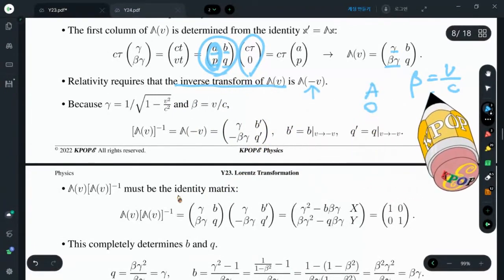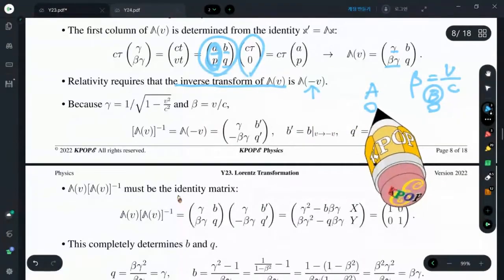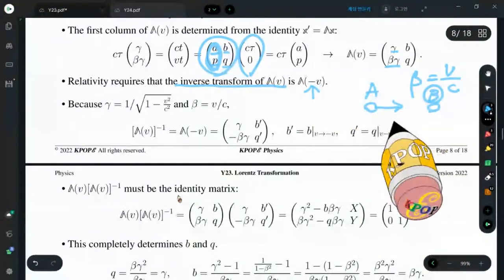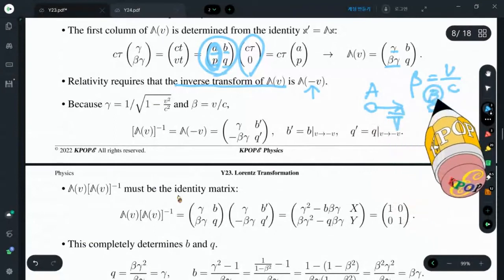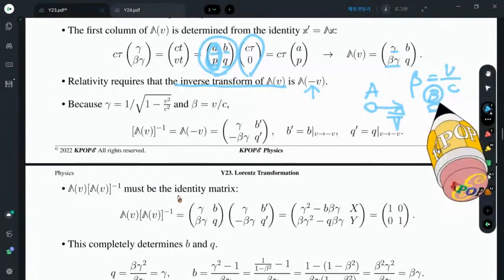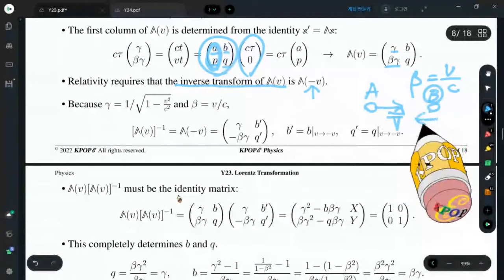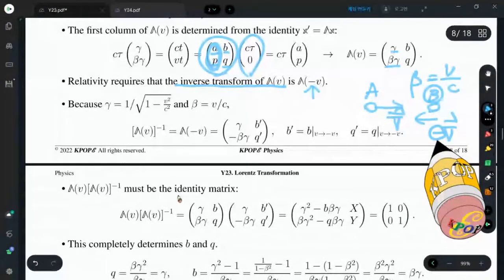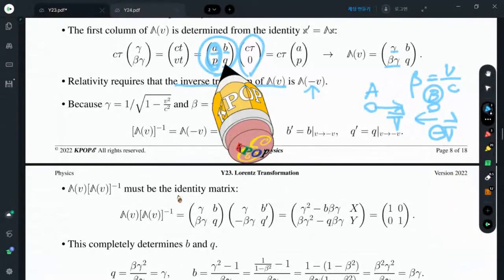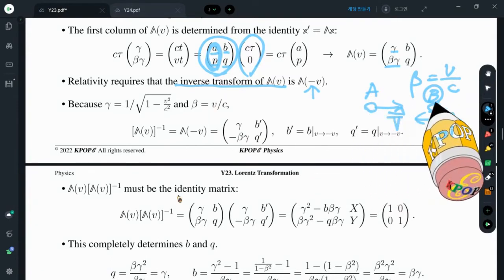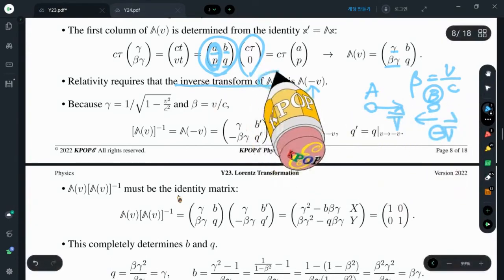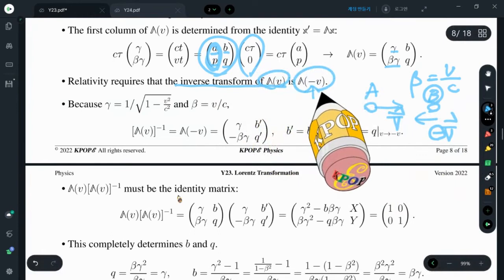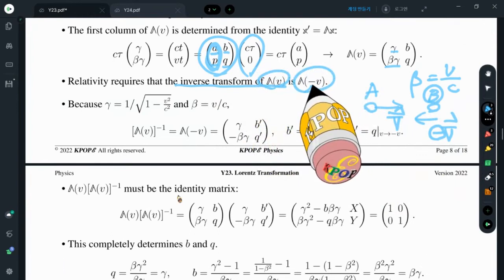Two objects A and B are moving relative to each other. If the relative velocity of A is v, then the relative velocity of B measured by A is the same as v except for the sign difference. Therefore, the matrices for the inverse transformation from A to B and B to A have a reciprocal relation as long as we replace the velocity by minus v.